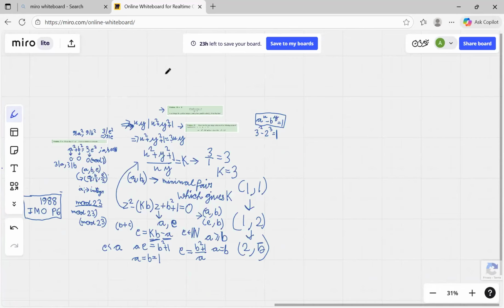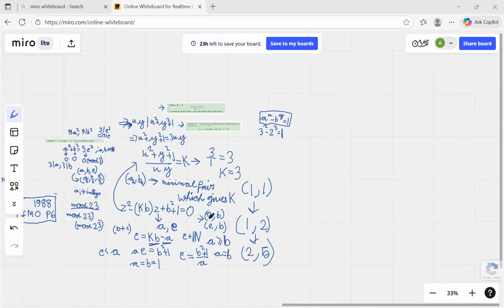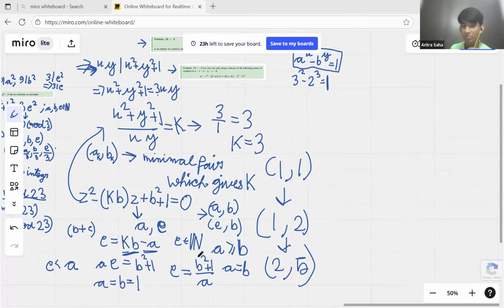Any doubt? I have one thing: the infinite descent idea, does it work only for positive integers? Why do we need it to be positive? Can't we just have an integer? Not exactly. We can't work with any integer, right? Because x and y are positive in the question.